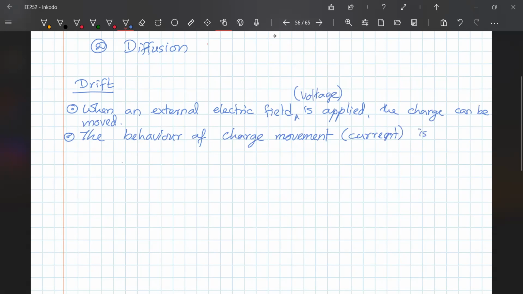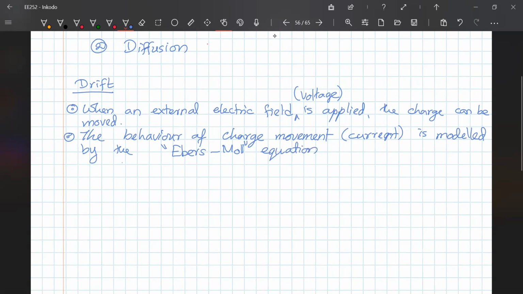Is modeled by the Ebers-Moll. These are names of two scientists, Ebers and Moll, M-O-L-L, not small. Ebers and Moll. Okay, Ebers-Moll equation.